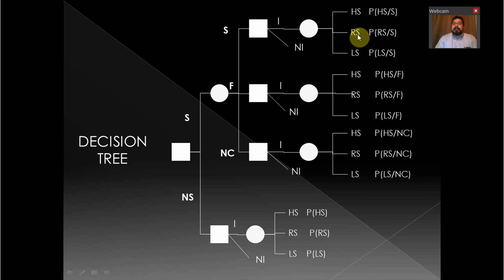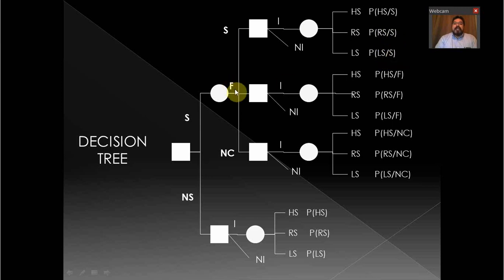These probabilities, according to Bayes' theorem, are, for example, this is the probability of high sales due to success in the survey. This is the probability of regular sales due to success and of low sales due to success.